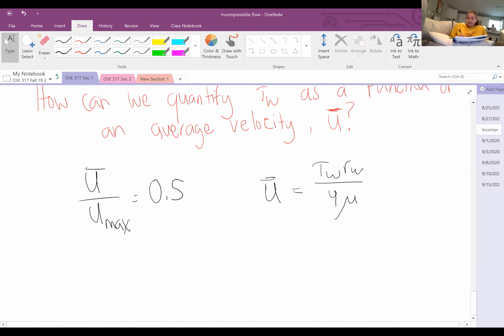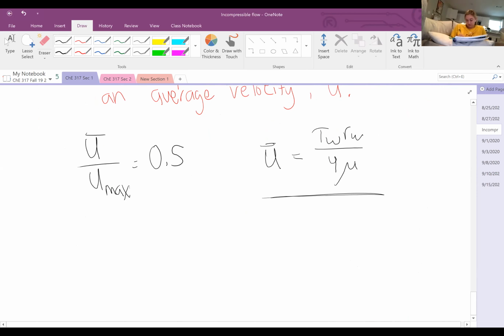And so now what we have is an expression for shear stress as a function of average velocity. Now if we take that same idea and combine it with our expression that we obtained in our momentum discussion, which was tau w equals delta p times d over 4L.